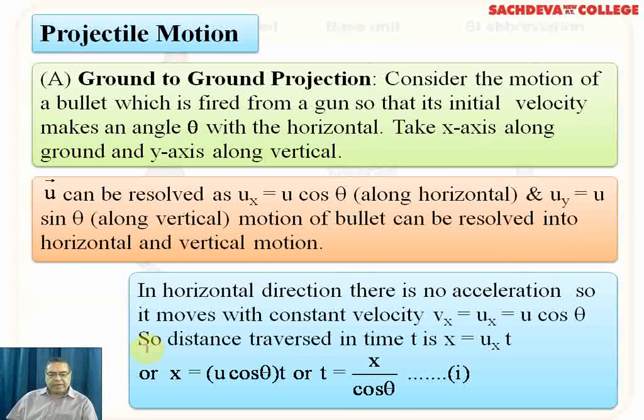Therefore, we have taken the constant velocity along the x-axis as ux equal to u cos theta. Distance traveled in time t is given as x equal to ux into t, or x equal to, for ux we have computed the value in equation number 1.